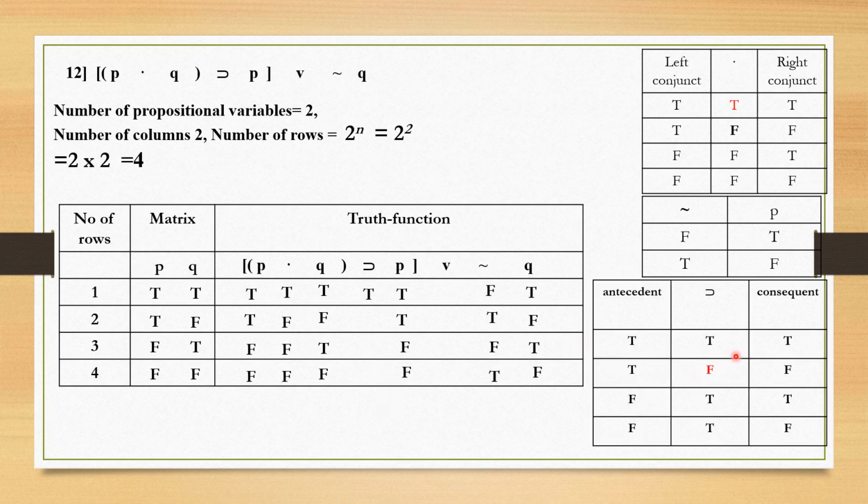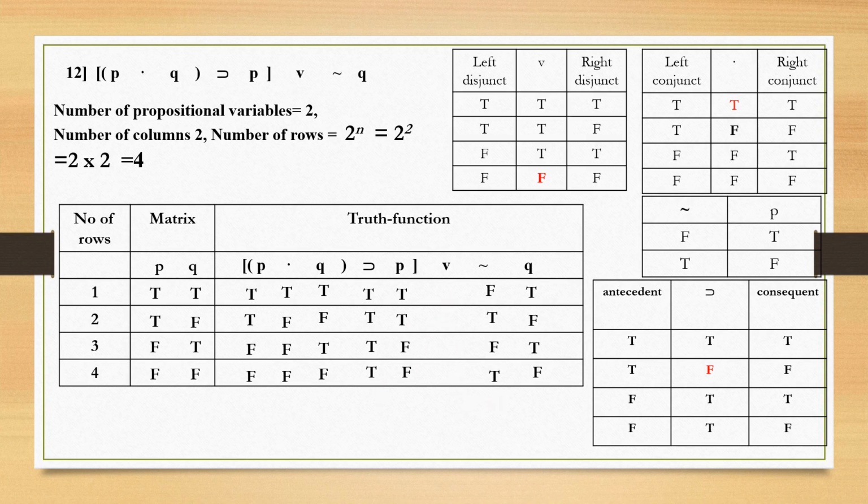See here, left is false, then also it is true. Left is false, then also it is true. Now taking this horseshoe's value and this curl's value, you will solve wedge. When is wedge true? When at least one is true. So left side all are true, so obviously wedge will be true only.